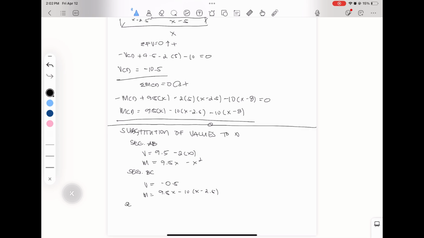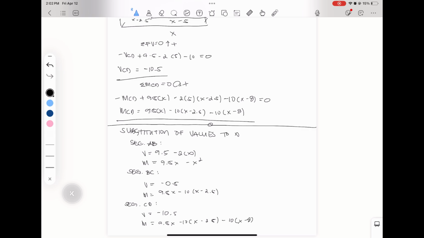For segment CD, shear is equal to negative 10.5. There's no x here as well. M, or moment, is equal to 9.5x minus 10 times x minus 2.5 minus 10 times x minus 8.